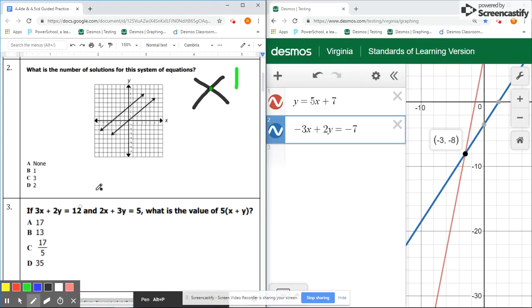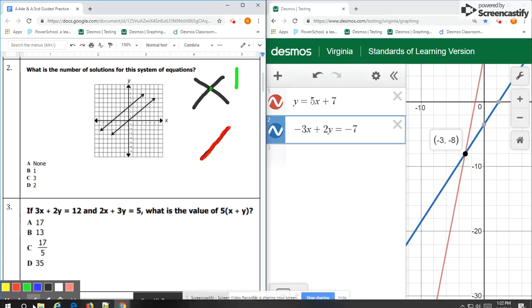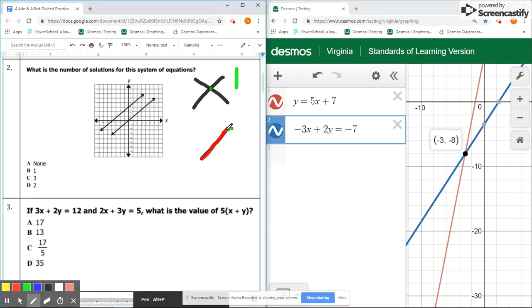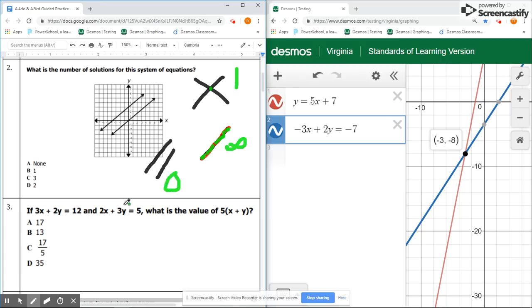Okay, if we have two lines that are right on top of each other, they're the same line, they're equivalent lines, then we have all these points here that are solutions because they intersect everywhere. Okay, so that's infinitely many solutions. And if we have two lines that never touch, then that is going to be 0 solutions.